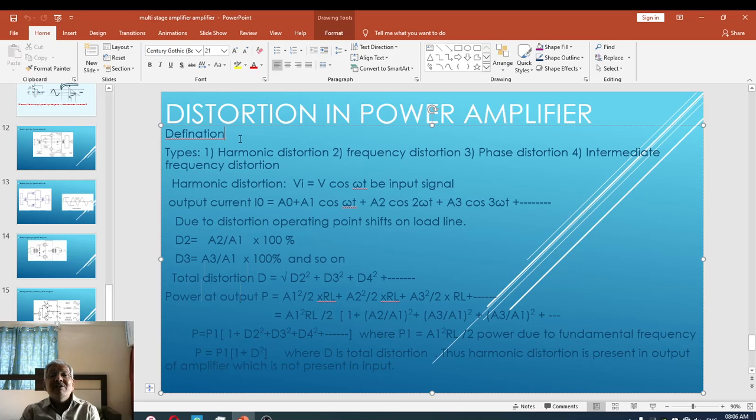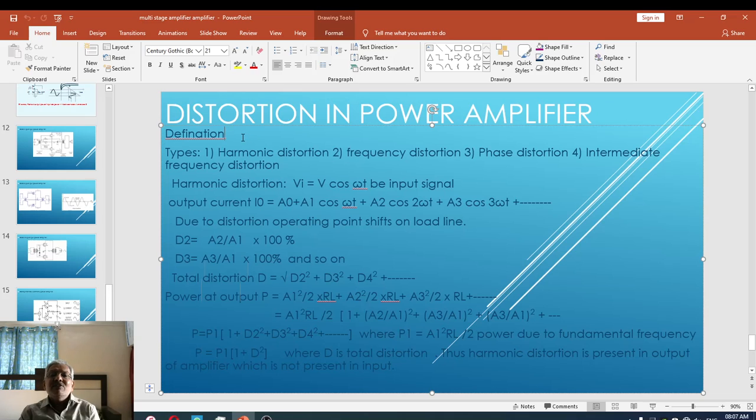It is not related with the input. Basically it is absent in the input signal, even though the deviation appears in the output of the power amplifier. So that's what we can call the distortion in the power amplifier.